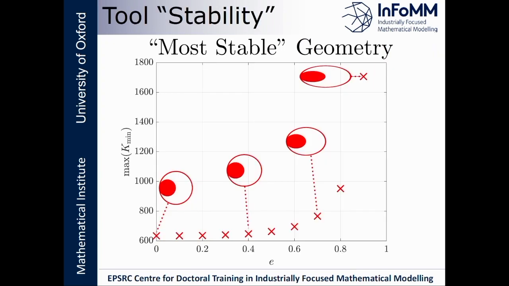So we come up with a metric for a most stable position, which is when we try and move the tool in the direction that it's easiest to move it, it will have a maximum opposing force. And we actually see that the position that's most stable is also this same position that gave us the highest axial flow rate.